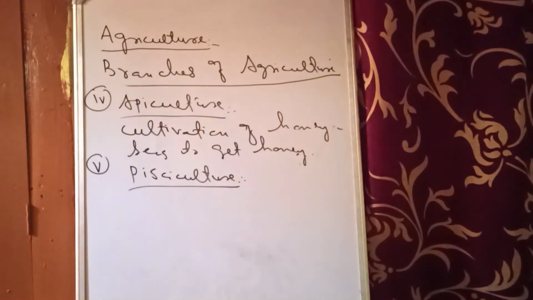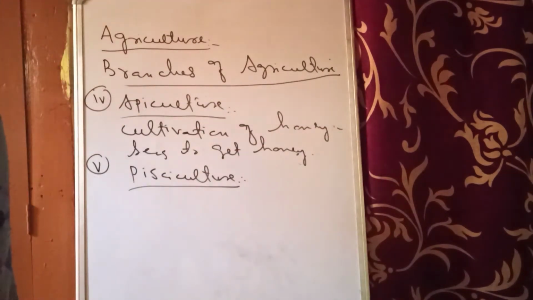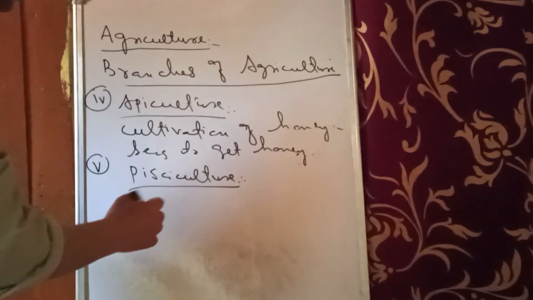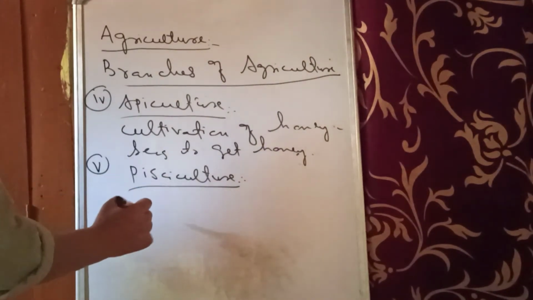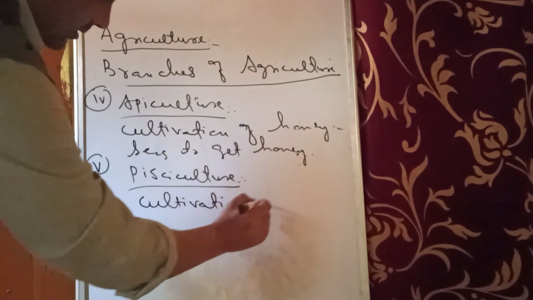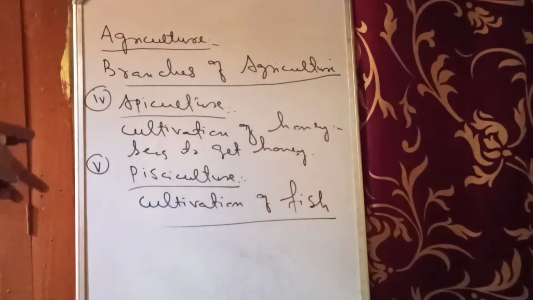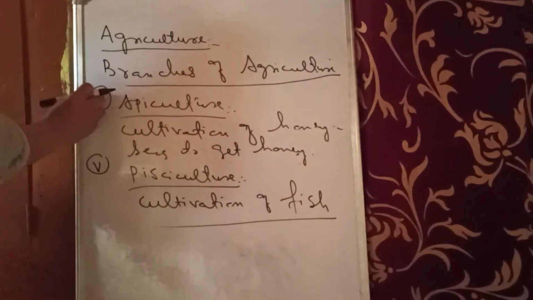That is called pisciculture. So many people are engaged in this culture to get their livelihood. So what is pisciculture? It is simply the cultivation of fish.